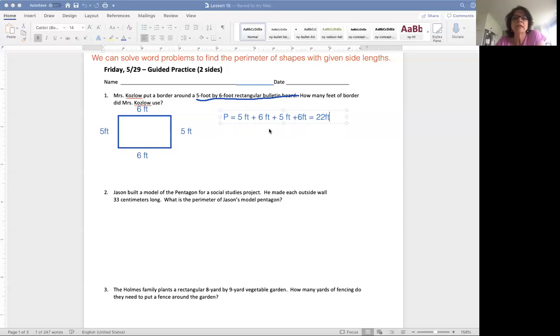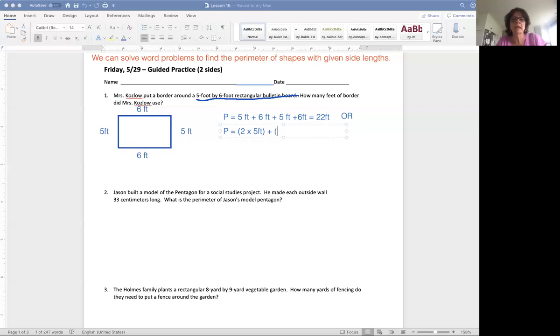There's actually another number sentence that you could write, which some of you might prefer. I'm just going to put a big or here, and we'll write a second number sentence. Remember, I see 2 5s and I see 2 6s. So I could use some multiplication, and this might be a little shorter for some of you. I could write P equals, and in parentheses put 2 groups of 5 feet, and then add to that, I have 2 6s.